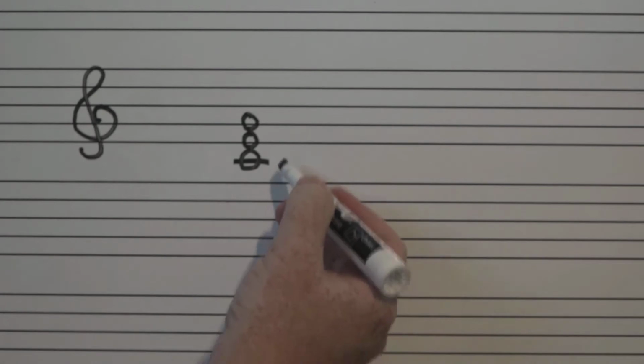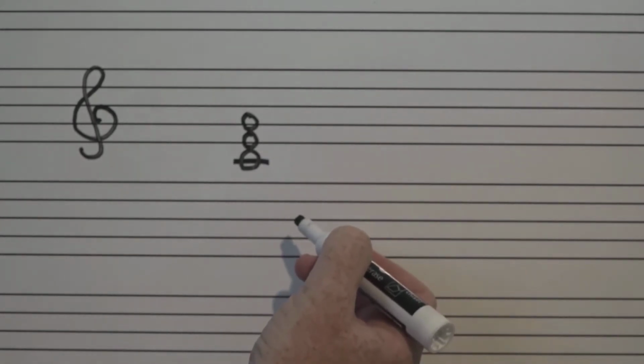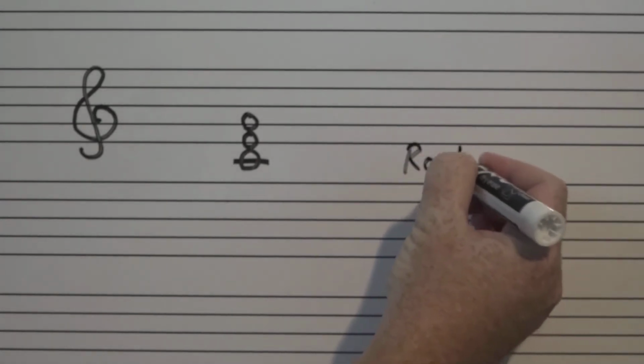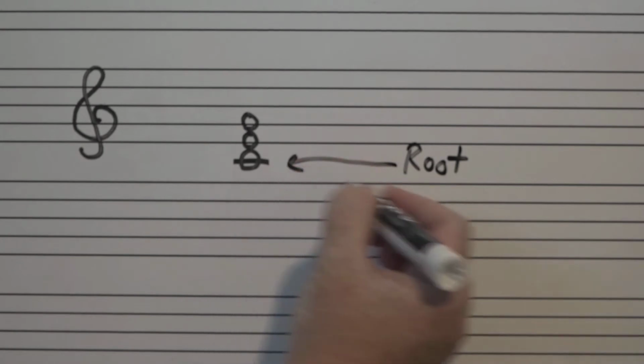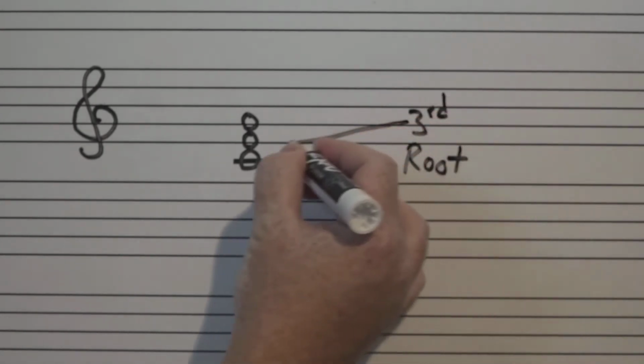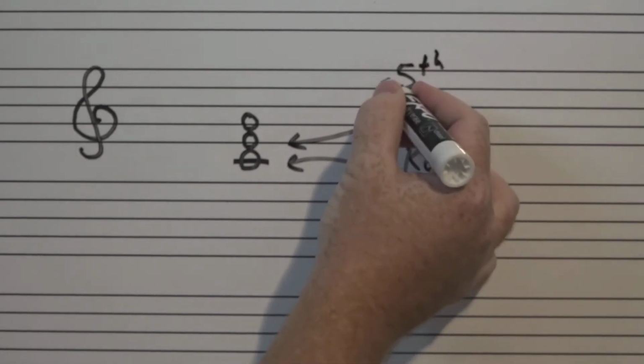First, a triad that is built on thirds. We have a root of the triad, the third, and the fifth.